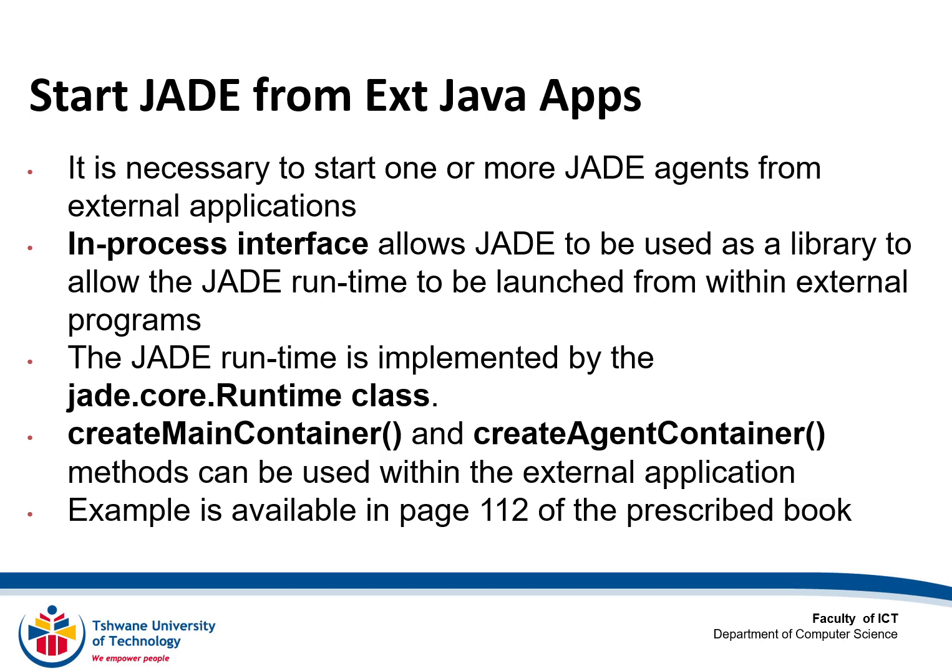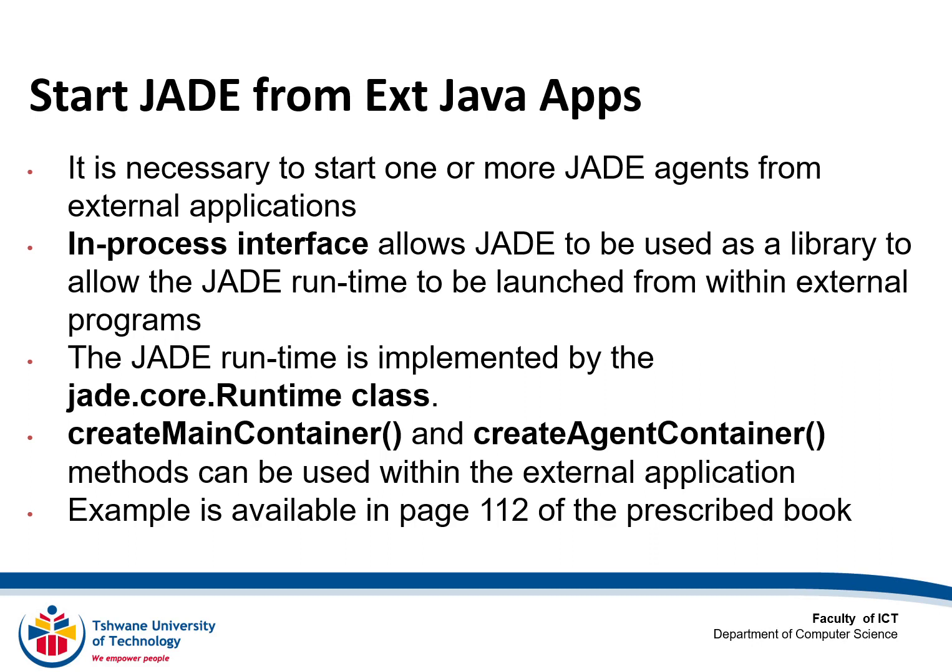Okay. So the in-process interface basically allows Jade to be used as a library, to allow the Jade runtime to be launched from within internal programs. The package that you'll require for that is the jade.core.Runtime class. Okay, that gives you the in-process interface ability to call Jade from any other application.